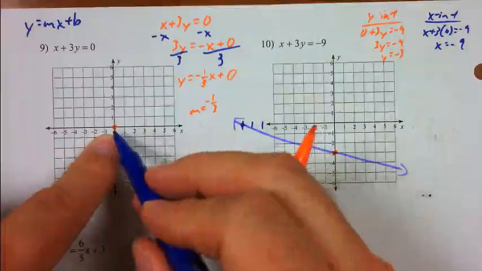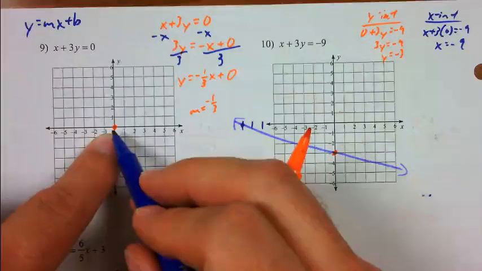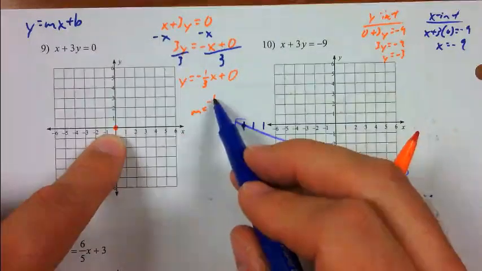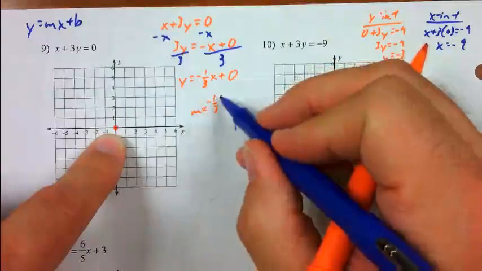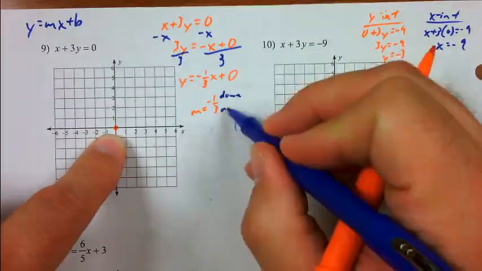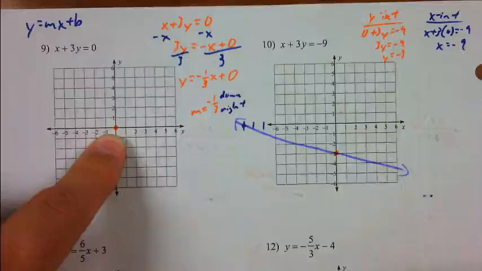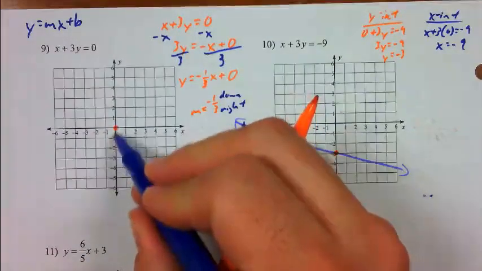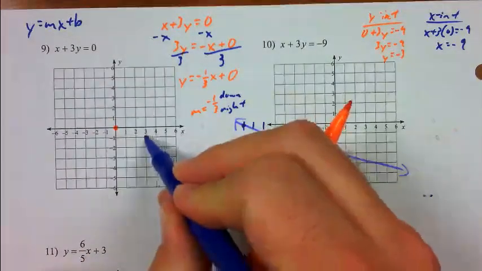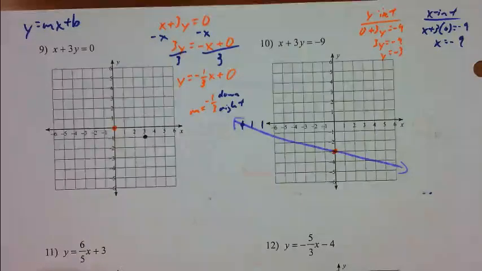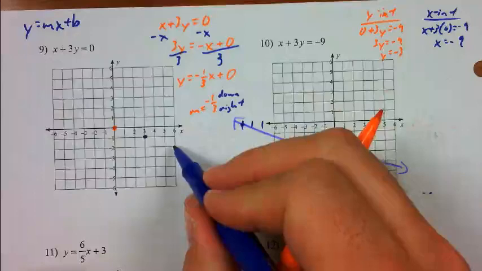So from the point that we have, we can now go down 1 over 3. So down and to the right. So our next point is at down 1 over 3. So it would be right there. And then I can do it as many times as I need.